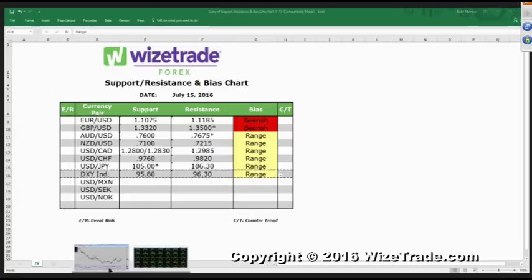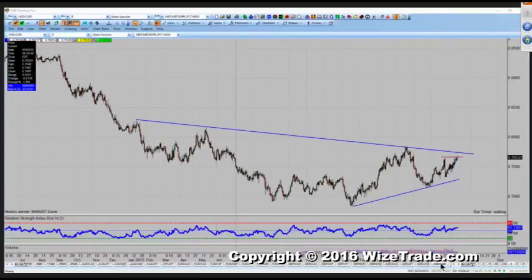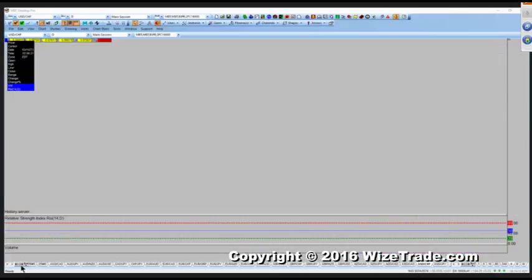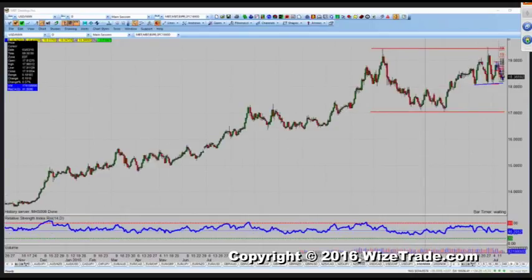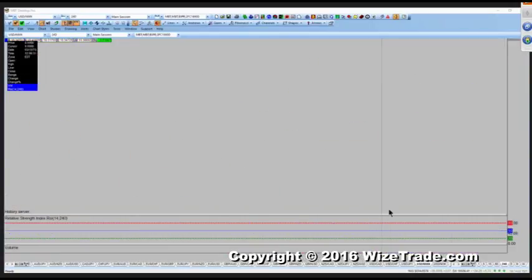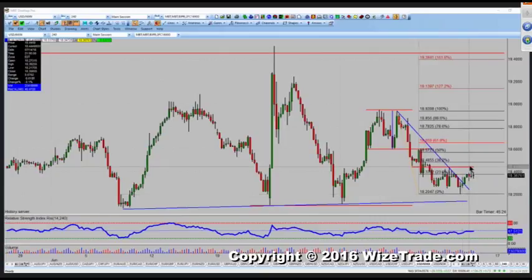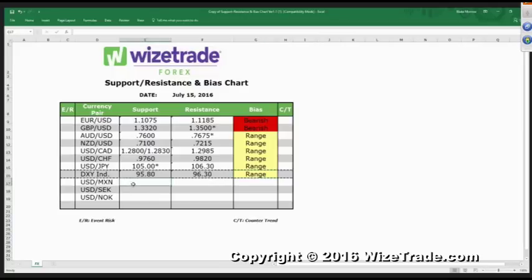Okay, peso. Just so you guys know, I just got out of my peso for a flat when we were on break. I just took it off the table, but I'm not opposed to buying it again. 8.20, 8.44. Range.